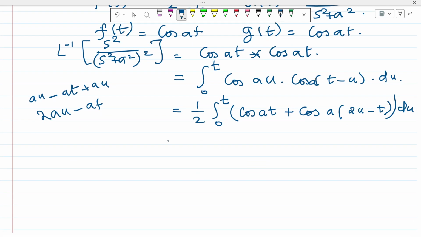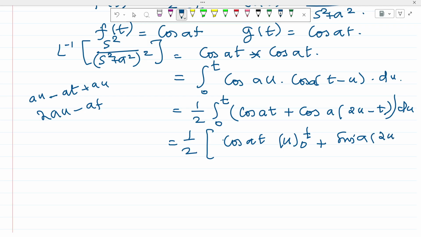Then integrate this, 1 by 2. Cos at is constant here, so cos at u from 0 to t, plus cos at integration is sin a into 2u minus t divided by 2a, from 0 to t.